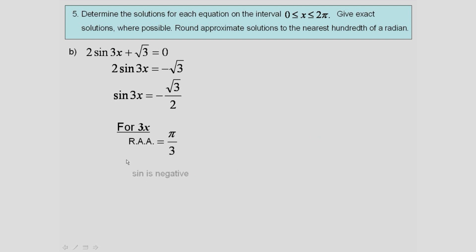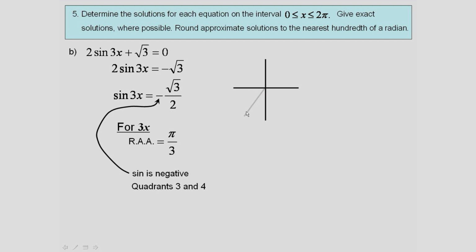We also know that we're dealing with a sine ratio that works out to something negative. Okay, looking right there, it's negative, and that tells us what quadrants we're working with. Where sine is negative, that would be quadrant 3 and quadrant 4. Okay, so we draw some pictures. Quadrant 3, terminal arm, related acute angle pi over 3. We need to find the angle in standard position measured from the positive x-axis counterclockwise.